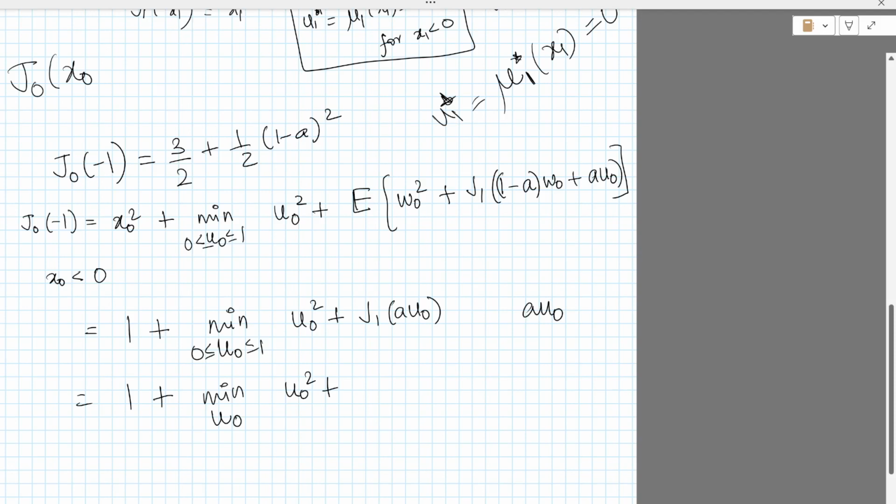So A u naught is greater than minus A by 2.